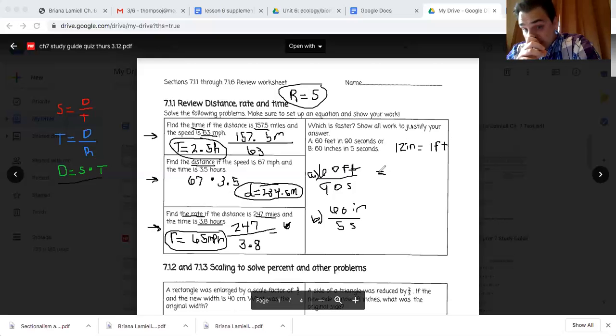Take 60 feet. So you would take 60 times 12, in which you would get 720 inches over 90 seconds.